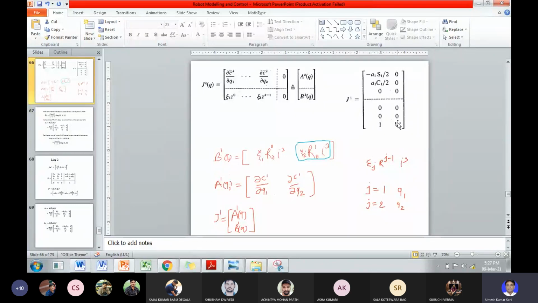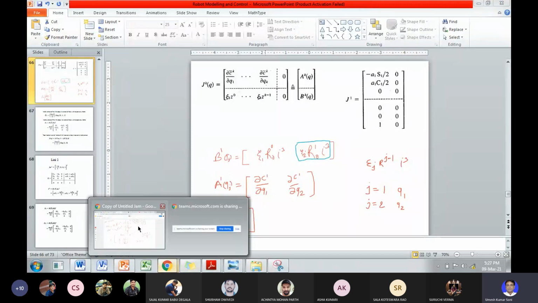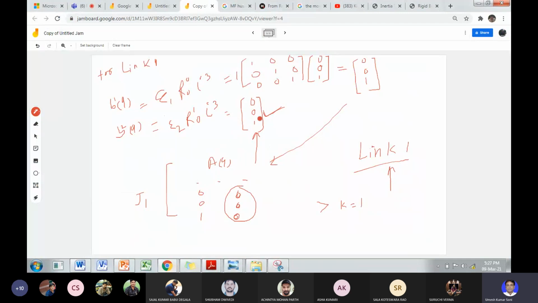In the next case, when you consider link 2, then the Jacobian will involve this matrix. This vector, the Jacobian will involve this vector 0 0 1.